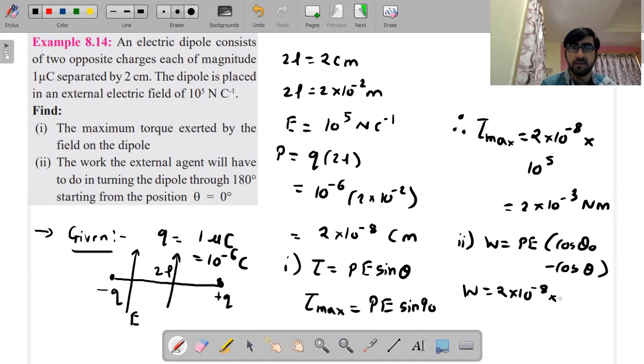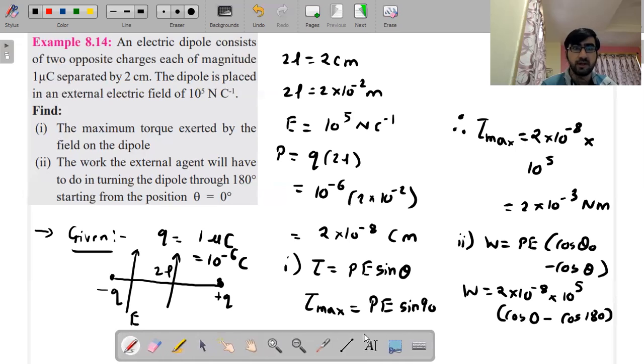E की value 10 power 5, not 3. Cos of initial angle क्या दिया है आपको, 0 दिया है, तो इसलिए cos 0 और उसको आप 180 से rotate कर रहे हो तो cos 0 minus cos of 180.